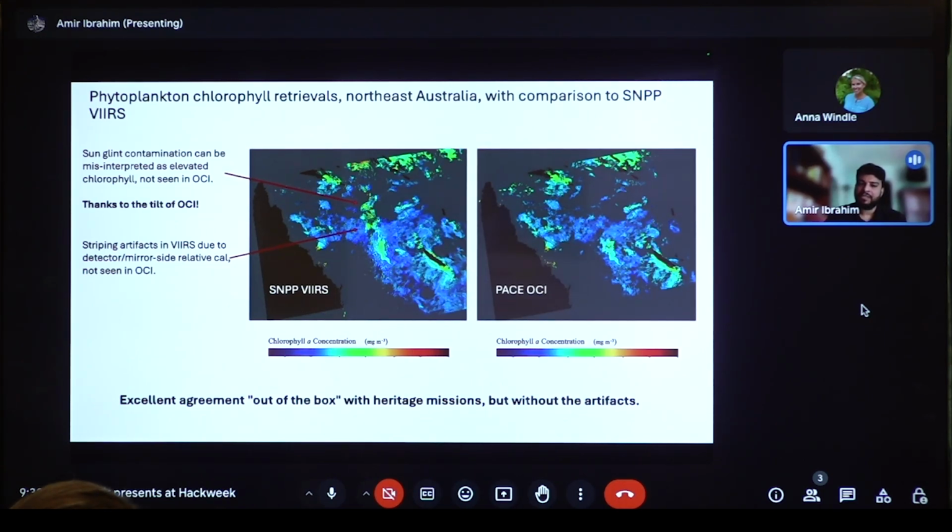We were very happy that when we got the first light images and processed them using these new techniques, we got very, very good agreement between the PACE data and a heritage sensor processed using a traditional approach, such as VIIRS data.